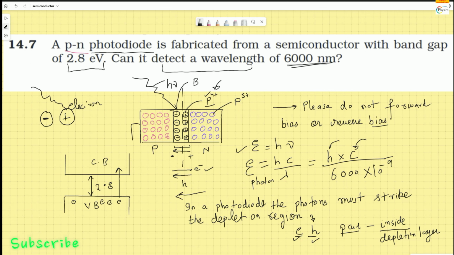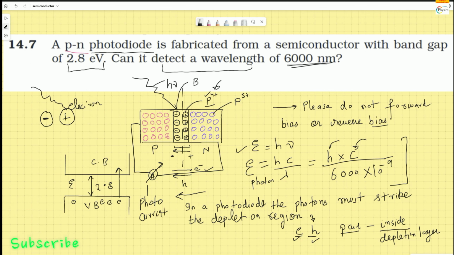And if you close this circuit and you put a small microammeter or a milliammeter like this, this will see a photocurrent. Which is only possible if the energy you supplied is able to overcome the band gap, right?